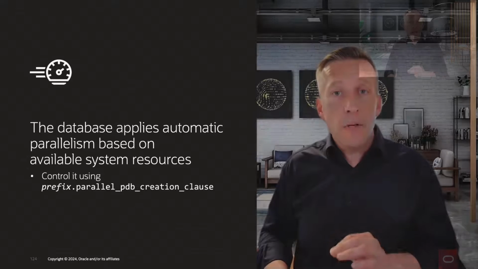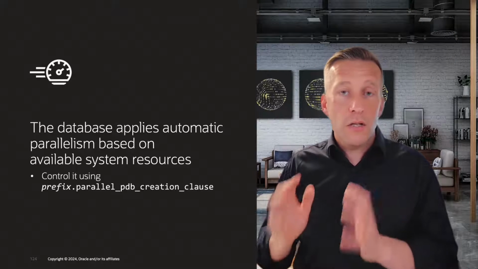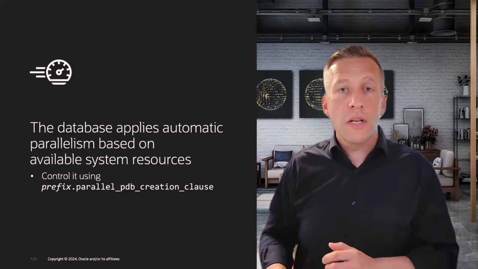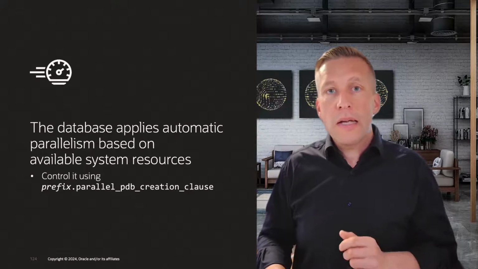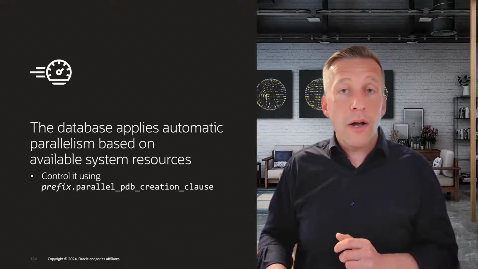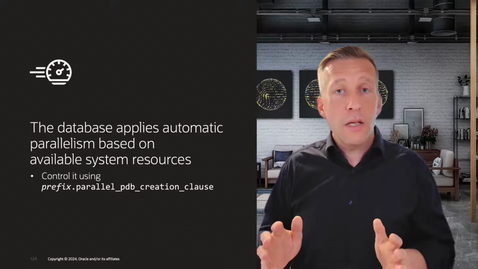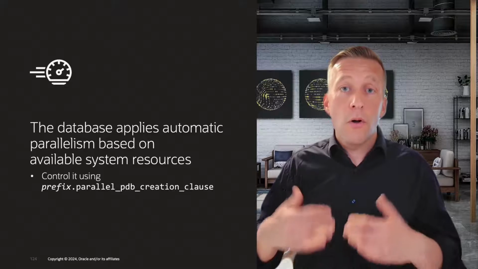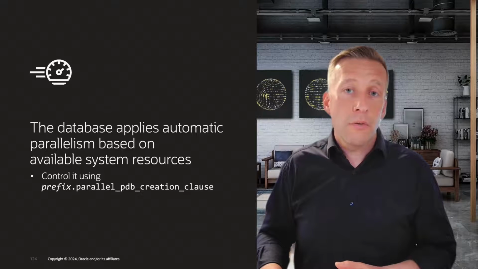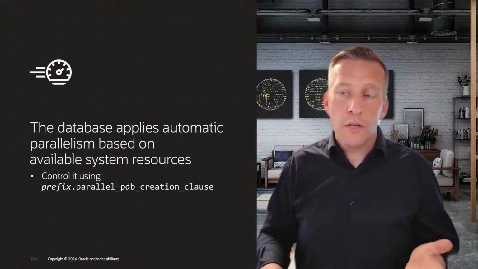If we want to limit the amount of resources that the container database can use to copy the data files, there is a parameter in the AutoUpgrade configuration file where you can decide on a parallel degree. If you don't specify anything, the container database will automatically determine a parallel degree, but it might be too hard for the non-CDB.